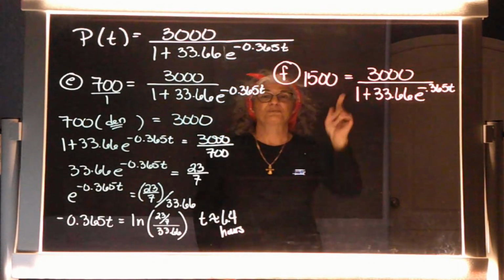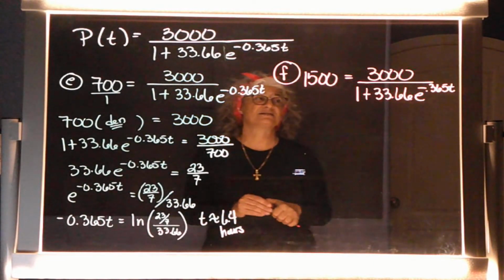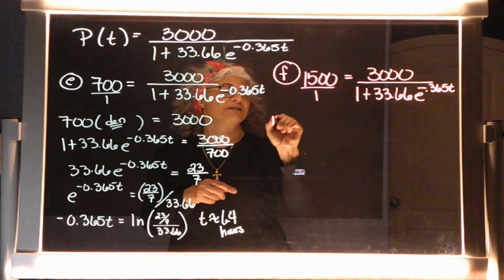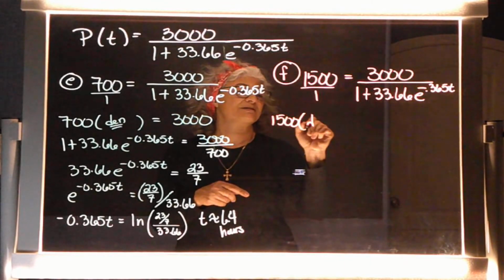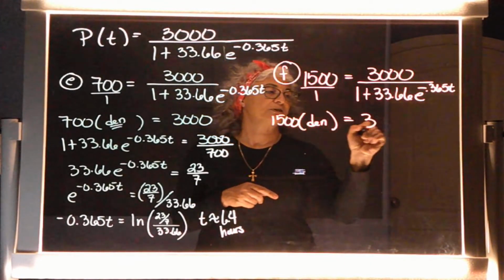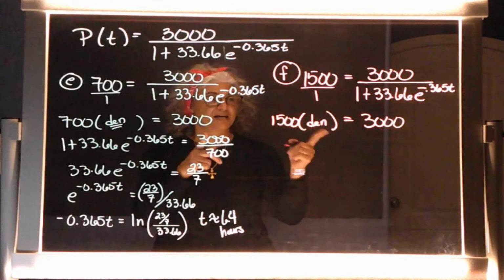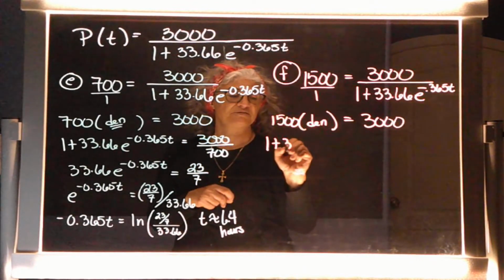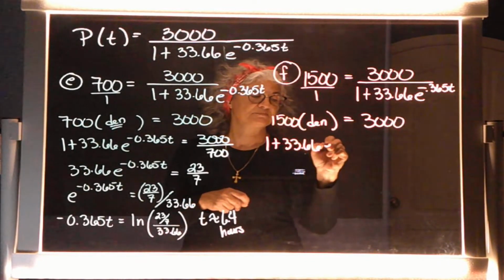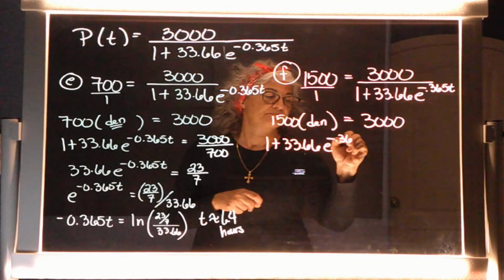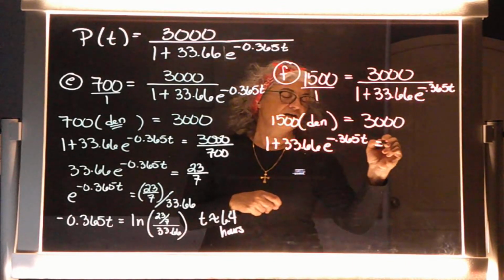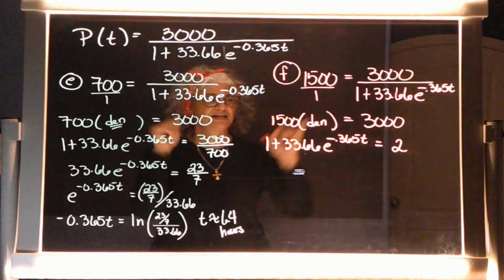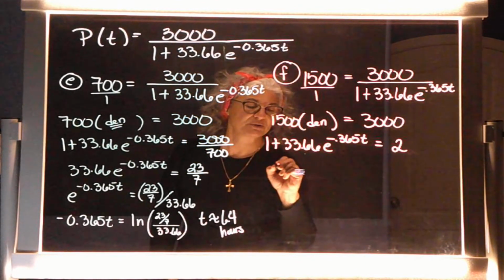Okay, so part F almost looks like part E, doesn't it? I'm going to do that cross multiplying again, which means I'm going to get 1,500 times this lovely denominator, equaling 3,000. And then I'm going to get the denominator by itself by dividing both sides by the 1,500. With me? And 3,000 divided by 1,500 is 2. Yay! Minus the 1 from both sides.